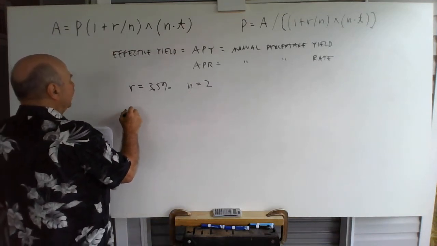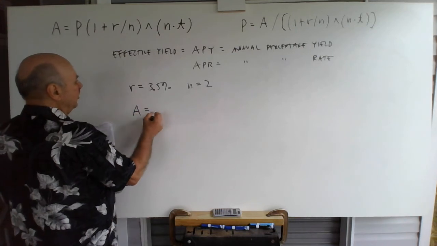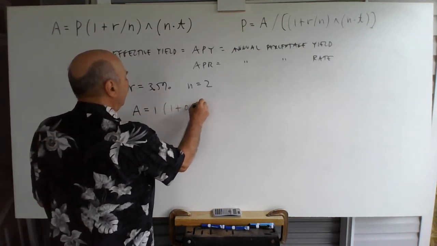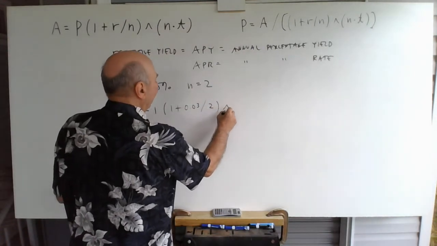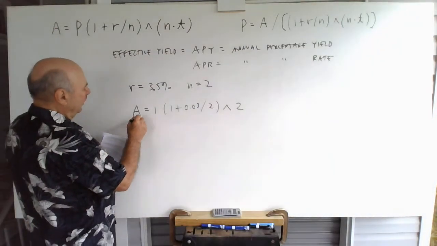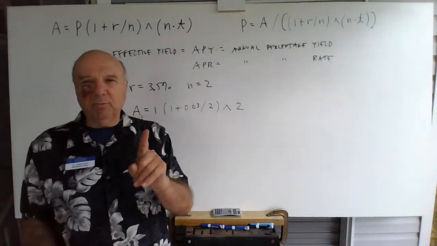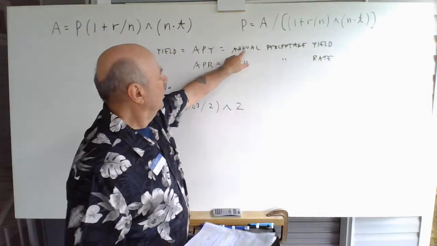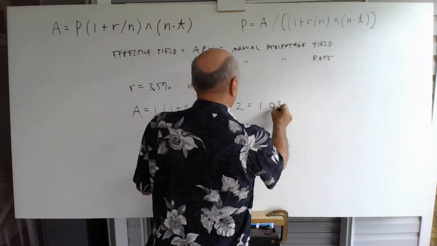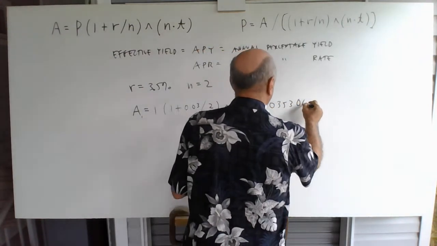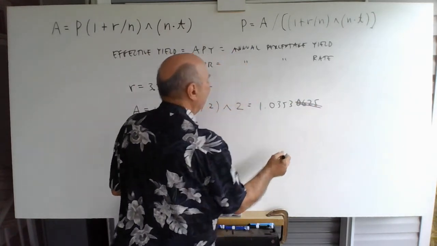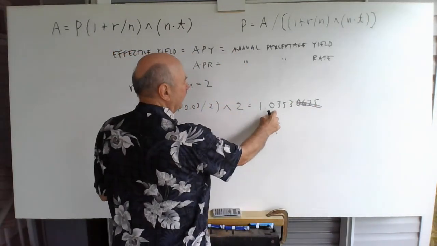So what we do is we take A equals, we just put 1 in for P. (1 plus 0.035 divided by 2) caret 2 times 1, because it's just for 1 year. What's the future value after 1 year? Because it's annual. And when I do this, I get 1.03530625. I'm just going to truncate it there. This is the accumulated value.